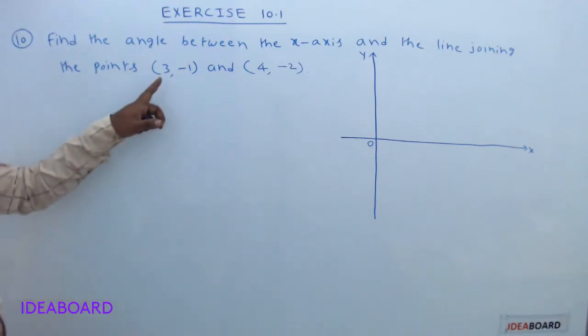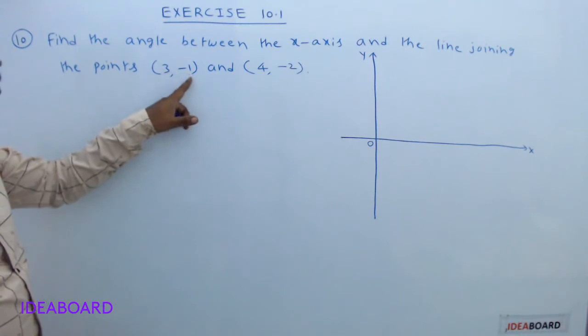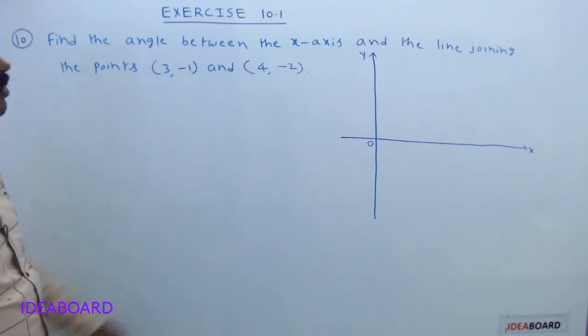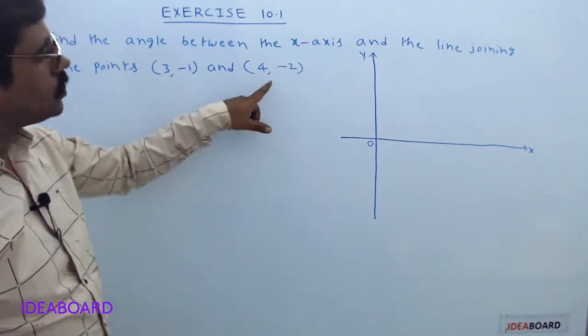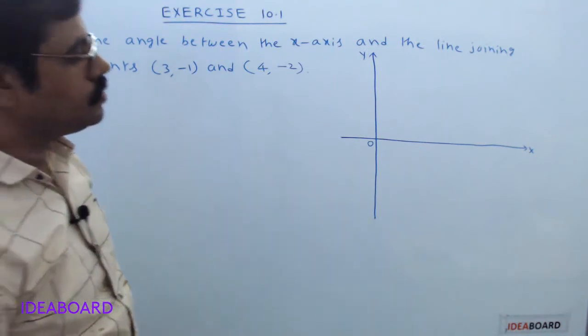Now here, what is the first point? 3, minus 1. X coordinate positive, y coordinate negative. This point lies in the fourth quadrant. X coordinate positive, y coordinate negative. So this point also lies in the fourth quadrant. Now draw a line.